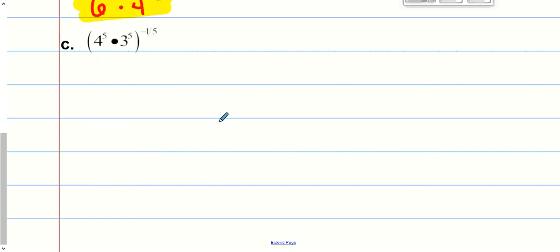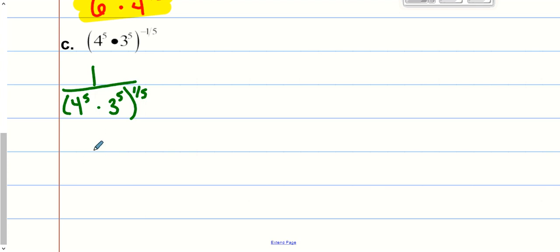Let's take care of something else first. If you notice, this is a negative 1/5. So anytime you have a negative power, we're going to put that as a fraction. So we have 1 over 4 to the 5th times 3 to the 5th to the now positive 1/5 power.